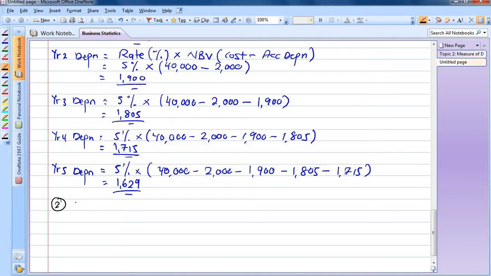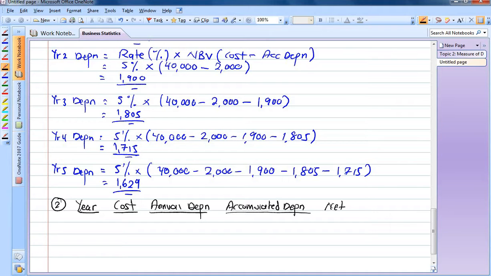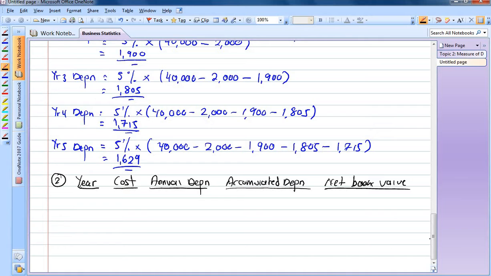So this is the working for depreciation. Then working number 2, prepare the table, the depreciation schedule: year, cost, annual depreciation, accumulated depreciation, and net book value. Okay guys, so we need to calculate for 5 years, 0, 1, 2, 3, 4 and 5.